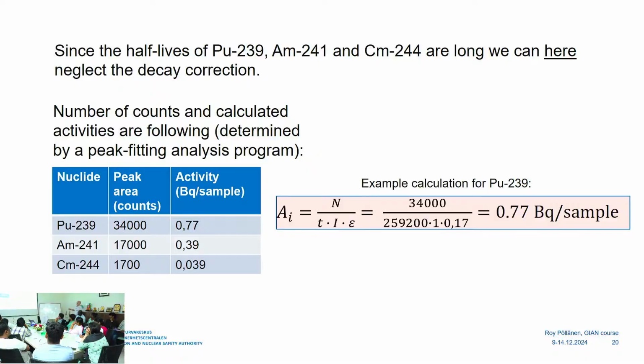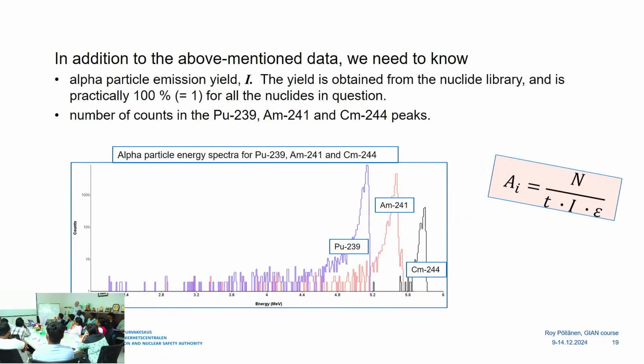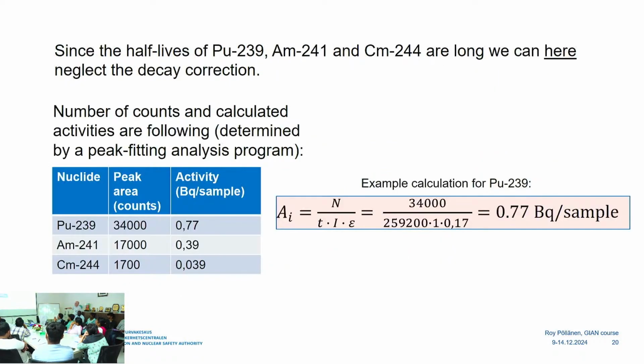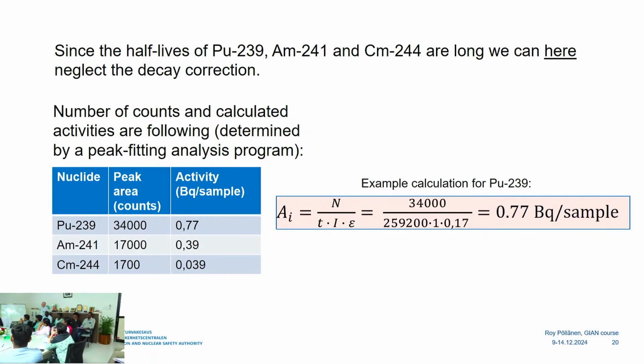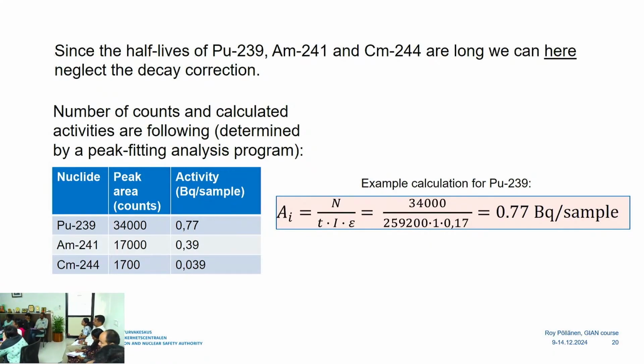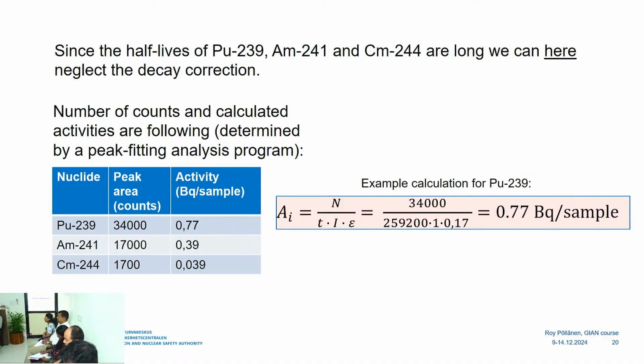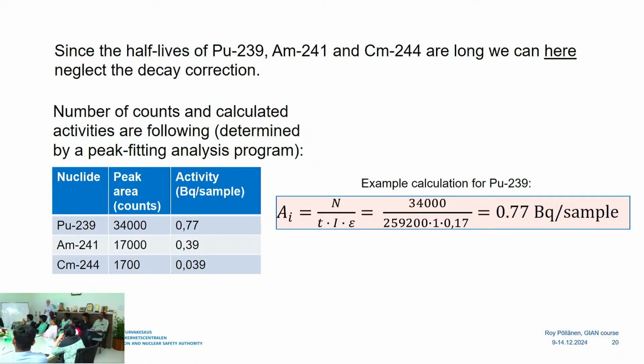Okay, as an example, these are the number of counts in these peaks. If you substitute number of counts, for example, in case of plutonium-239, alpha yield and efficiency, I got this one, 0.77 becquerels per sample.